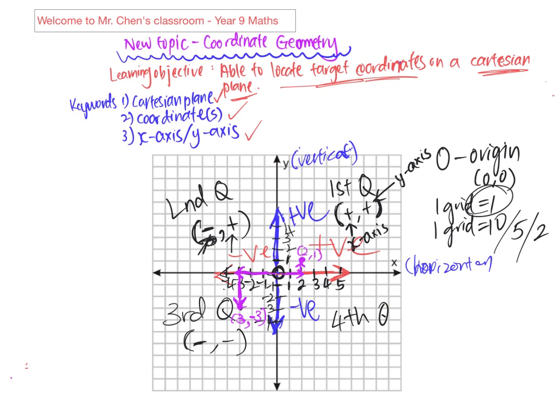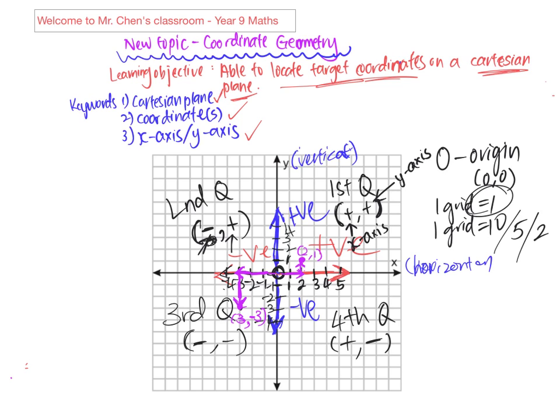And the fourth quadrant here is going to be positive for the x coordinates and negative for the y coordinates. Okay, you don't actually need to memorize this. This will come naturally as you progress. Okay, you will realize this.